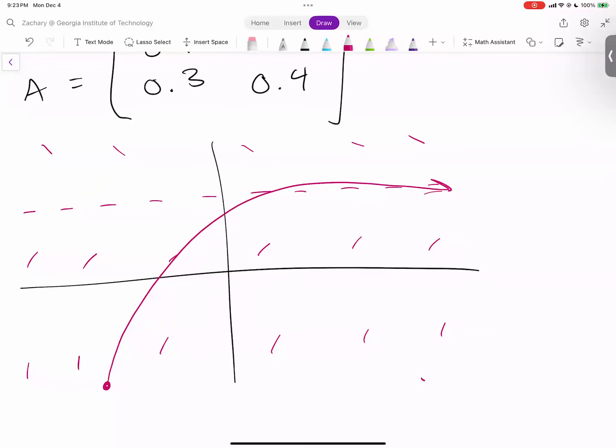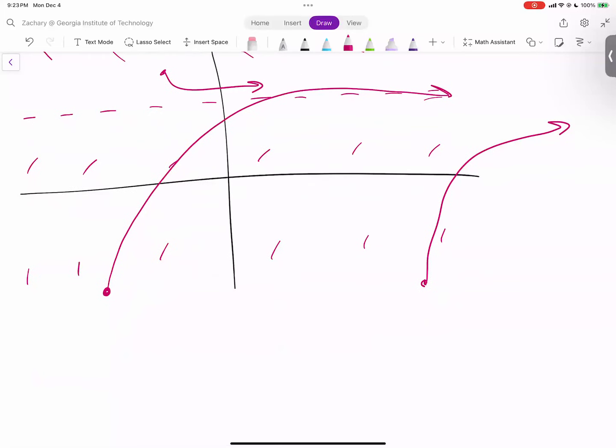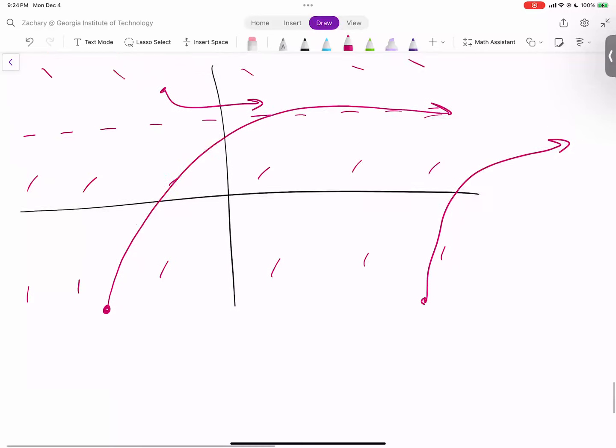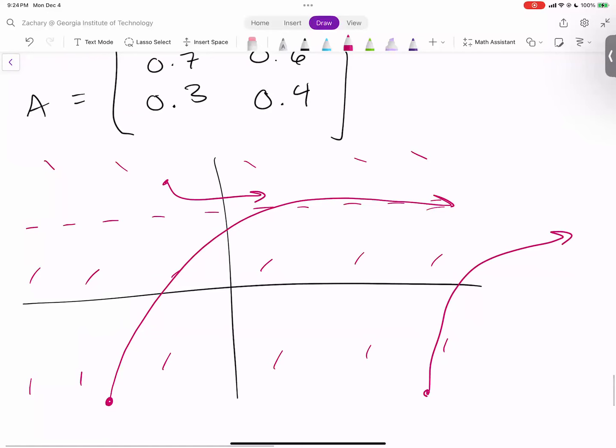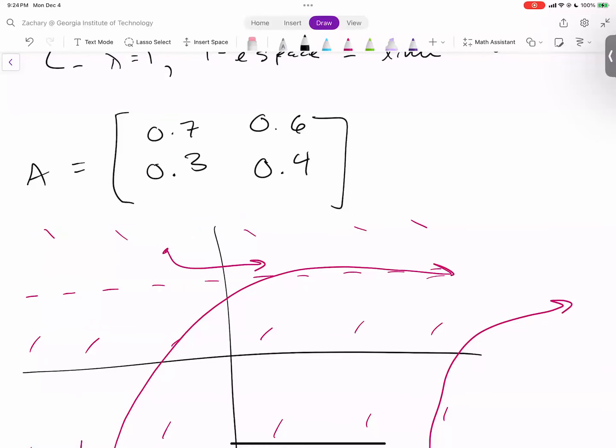Even way down in the bottom of wherever, it'll always eventually come up and approach that line. For those of you that have to take diffie-qs and groaned, God help you. You will be drawing these in diffie-qs, and they will be more complicated than that. But it is what it is. So that's the idea of a steady state: it's the thing we approach as things converge as time goes on.